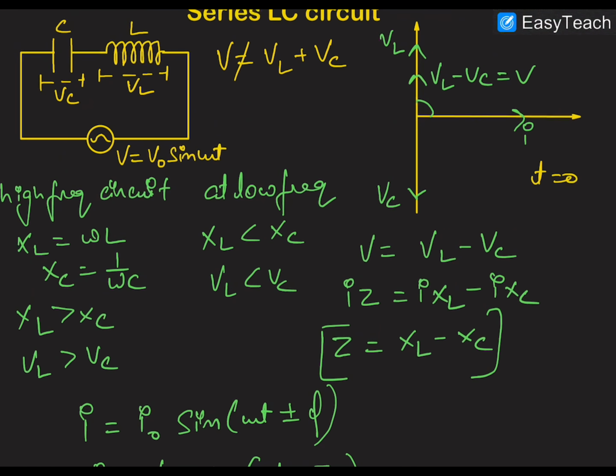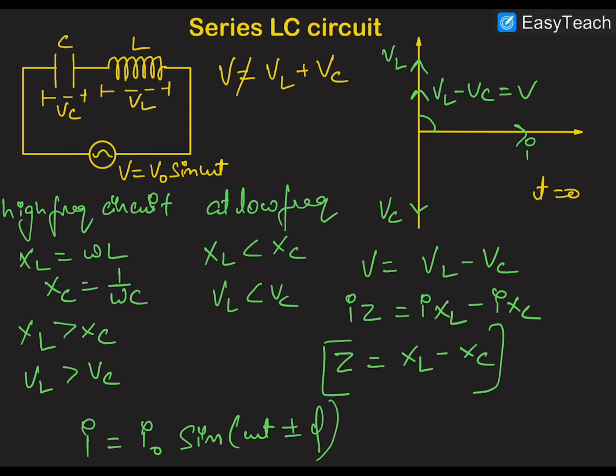This is quite obvious, as there is no presence of any resistance in this circuit. This is a pure inductor and a pure capacitor, and there is no resistance in the connecting wires. This is an ideal circuit, and therefore there is no loss of heat in this circuit. As there is no loss of heat, we can easily say that the average power loss in this circuit would be 0.